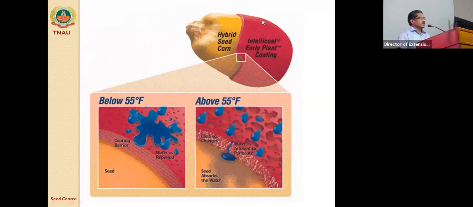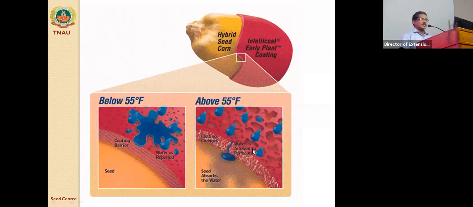So this is the mechanism. Once corn is coated with this IntelliCoat polymer, if the temperature is below 55°F, then it will remain in crystalline form. Crystalline form means that even if it is soaked in water, it will not absorb moisture. Whereas whenever the temperature exceeds 55°F, the polymer will become amorphous in nature.